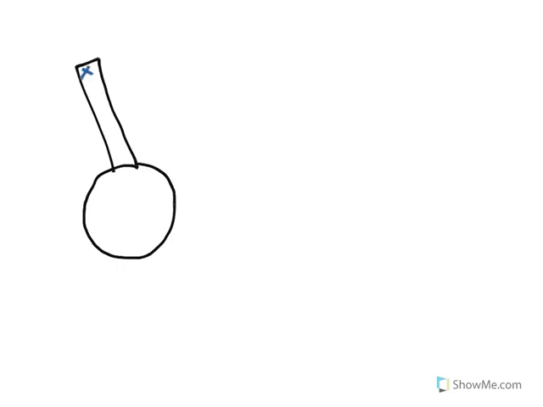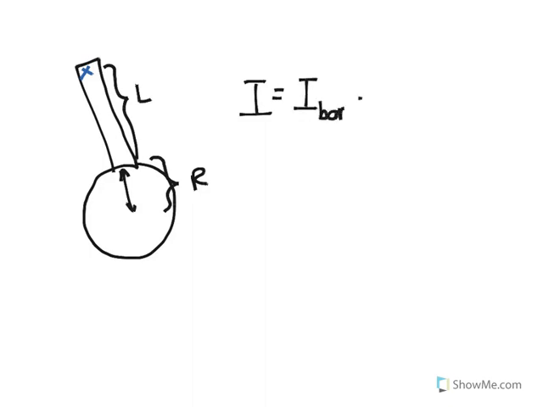For instance, if the pivot is here, this is the axis of rotation, then you have a bar of length L, and let's suppose that it's composed as well with a sphere of radius R. Well, the moment of inertia is going to be the moment of inertia of the bar plus the moment of inertia of the sphere, since these are scalars.